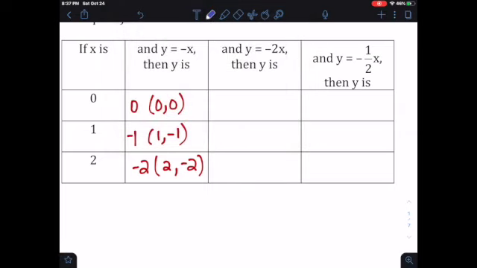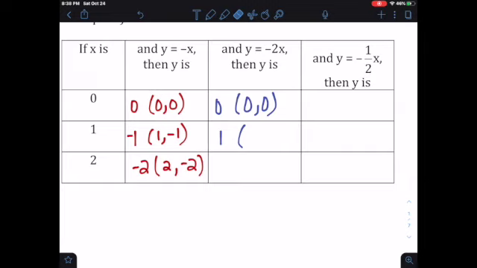So if you plug in 0, it's going to be y equals -2 times 0. So that's going to be 0, 0. If you plug in 1, that's going to be -2.